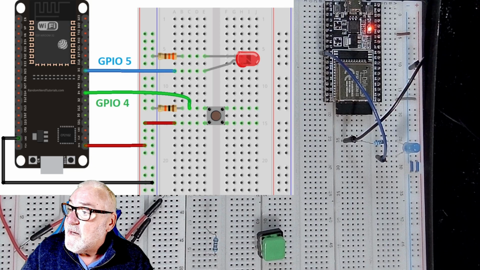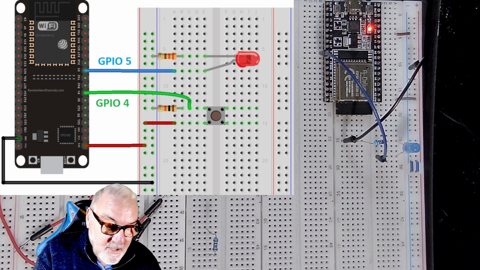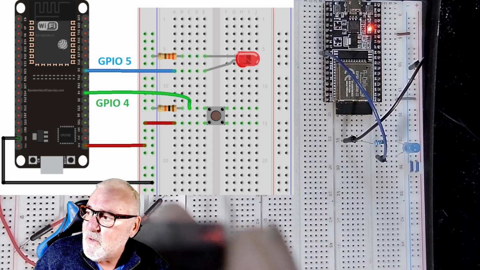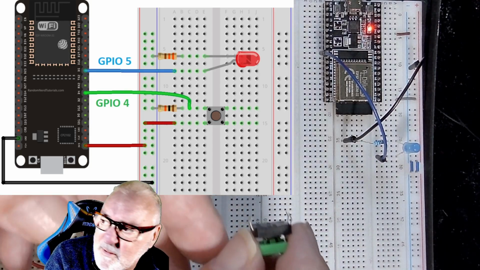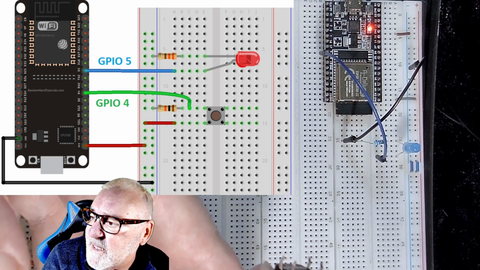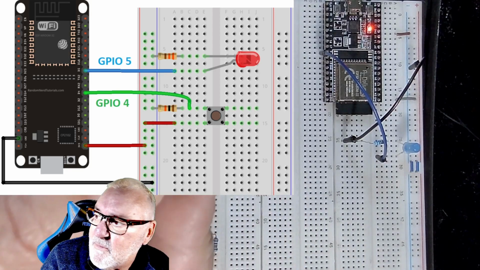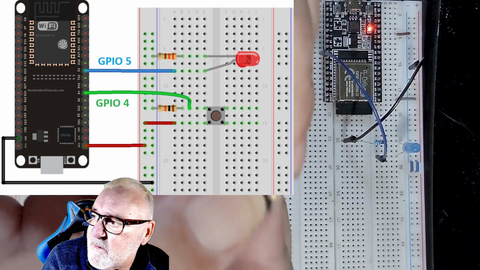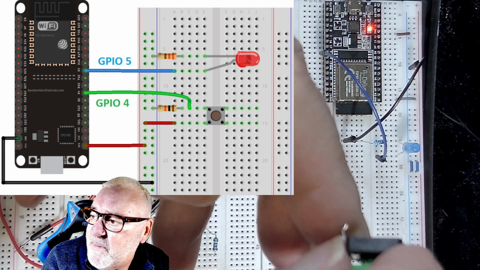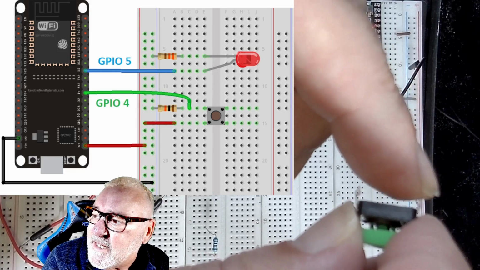Now, my button. There are some things we need to know about the button. If we look, you can see it's like a crab, isn't it? Now, between here and here, they are connected.